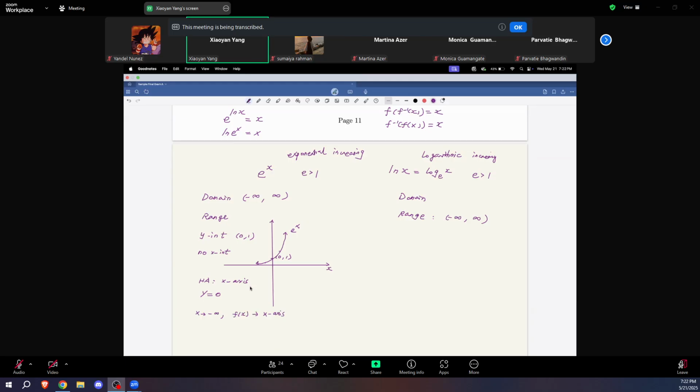How to represent the x-axis? y equals 0. So we can say f of x approaches the number 0 as x approaches negative infinity, that is the tail behavior. Now the inverse function graph must be reflected about y equals x. So going back to the range, the range is from 0 to infinity.